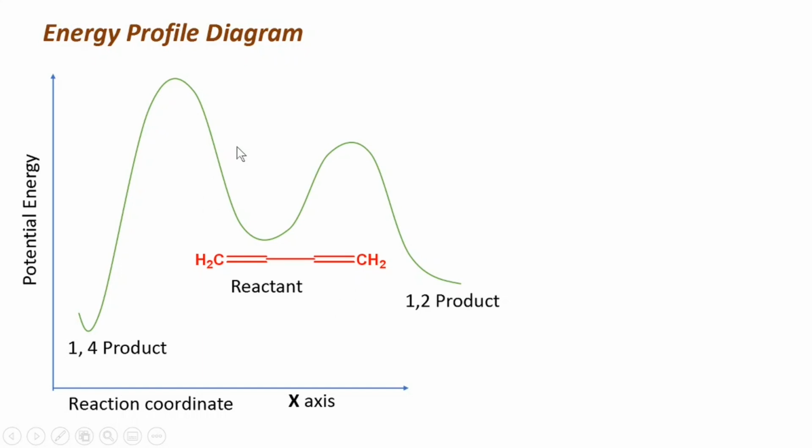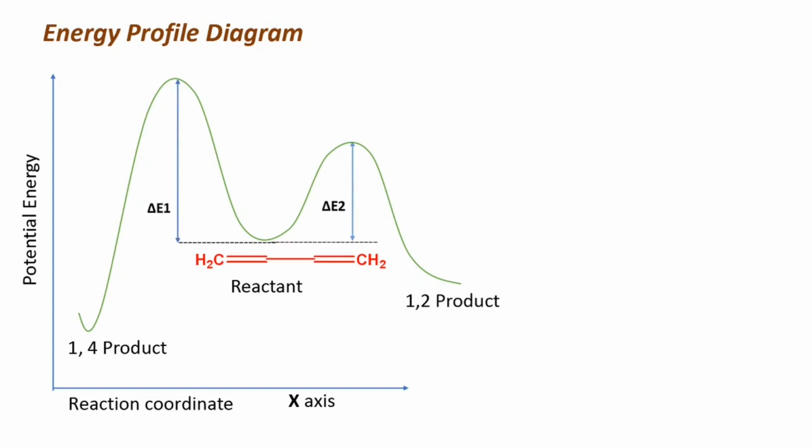From this energy profile diagram, we have to show the relation between one reactant and two products. So that's why we consider this point as the reactant and these two points as the 1,4 product and 1,2 product respectively.